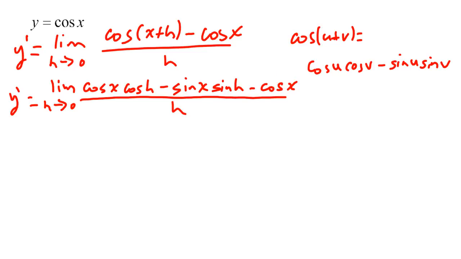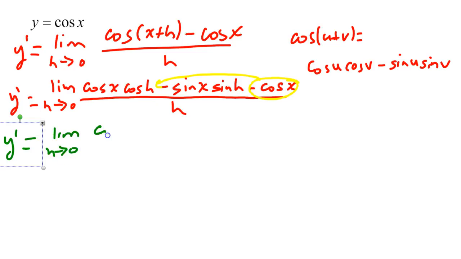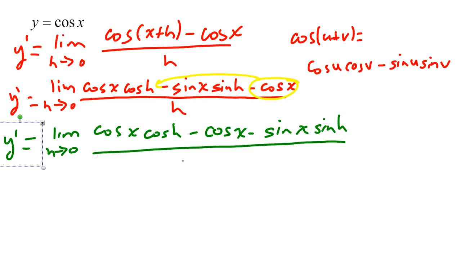I'm going to take this cosine of x right here and bring it closer to this cosine of x over here. By doing so, I get the derivative equaling the limit as h approaches 0 of the cosine of x times the cosine of h minus the cosine of x, minus the sine of x times the sine of h, all over h.